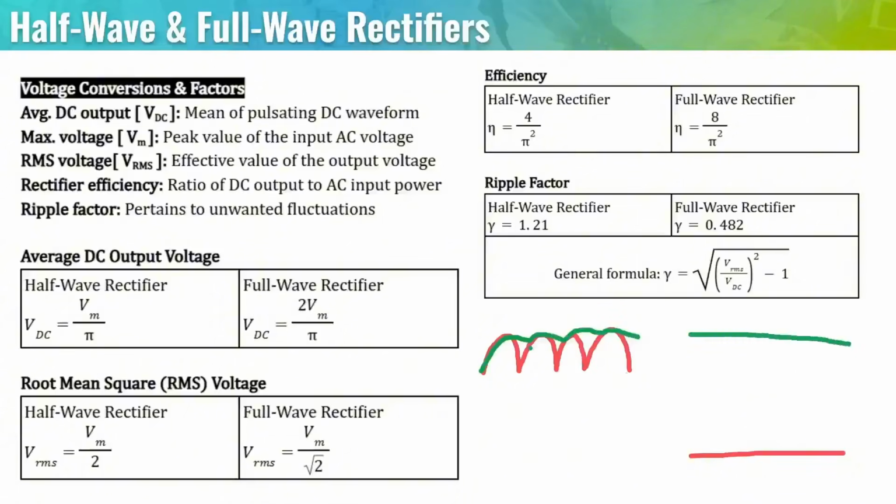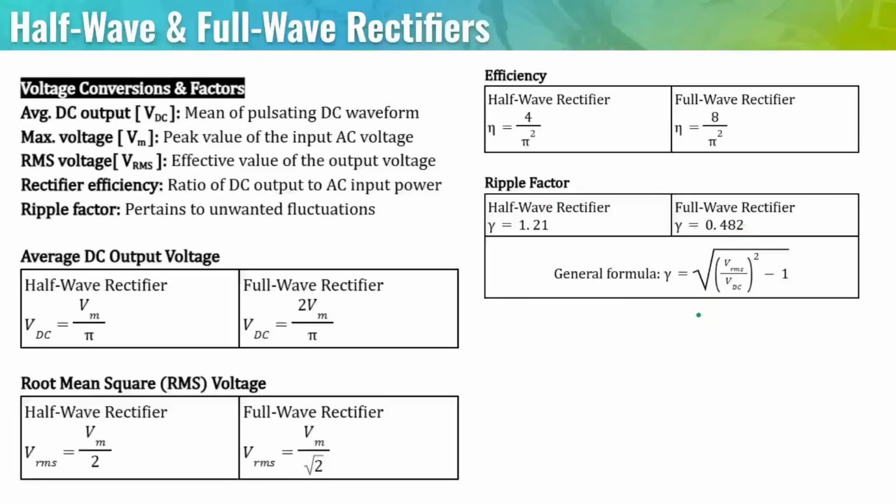It's basically the fluctuations that are preventing it from becoming a fully DC wave, or rather just a straight line. This is also a constant for half wave rectifiers and full wave rectifiers, which is 1.21 for half wave and 0.482 for full wave.